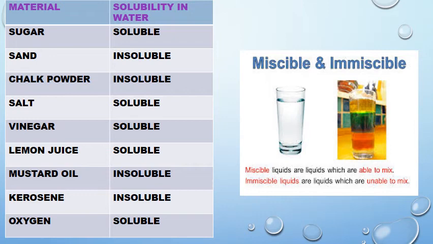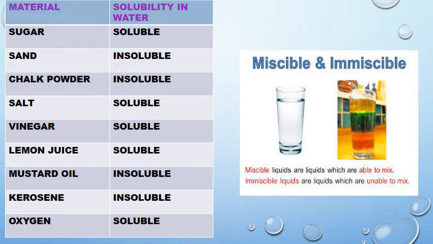They are soluble in water, whereas sand, chalk powder, mustard oil, kerosene are insoluble in water. So, a soluble material will completely dissolve in water, whereas an insoluble material like oil will not dissolve in water and forms a separate layer.